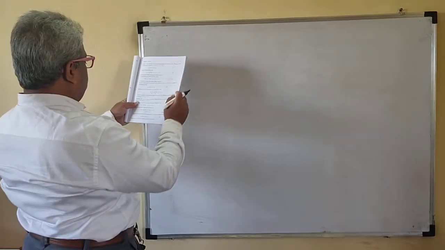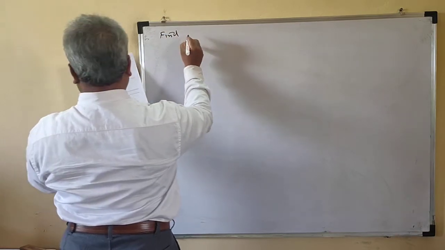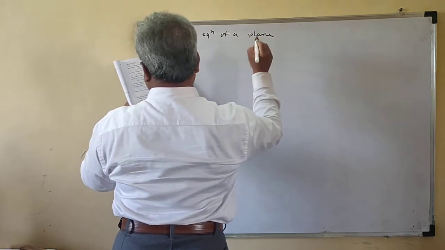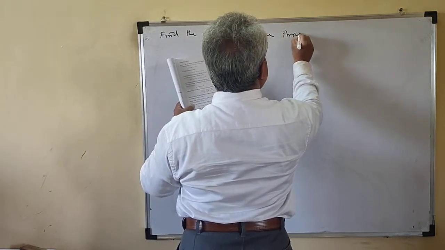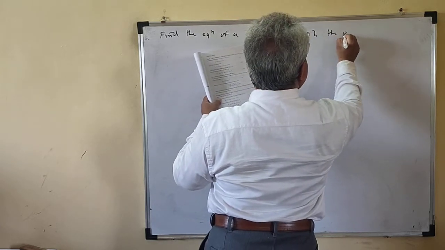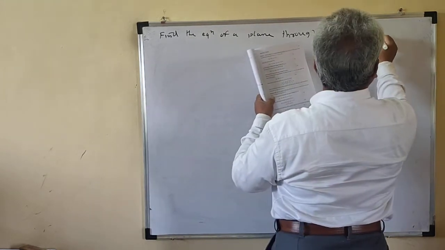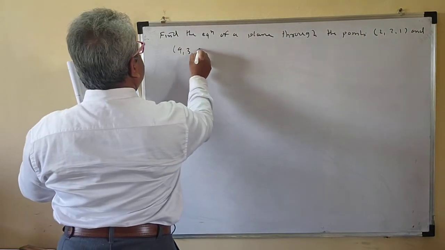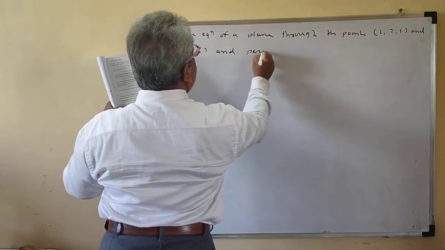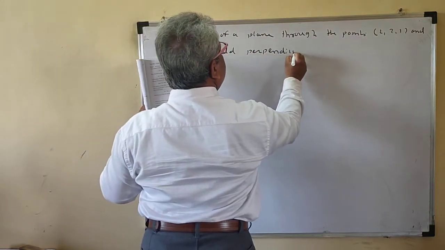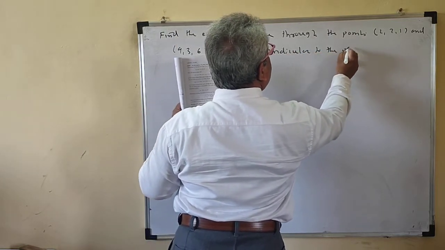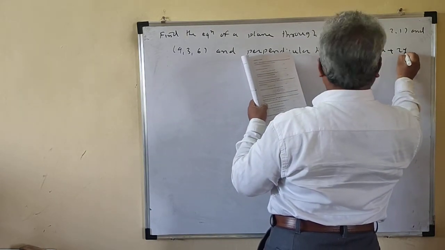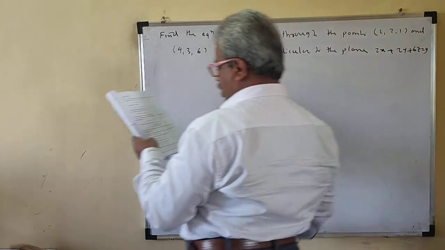We'll take a problem on it. Find the equation of the plane through the points (2, 2, 1) and (9, 3, 6) and perpendicular to the plane 2x + 2y + 6z = 9.